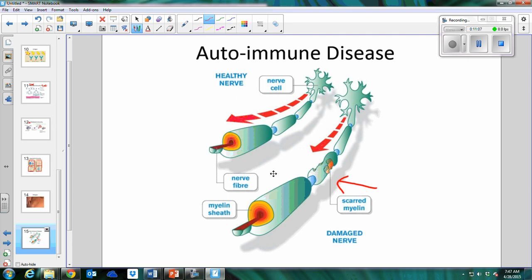Rheumatoid arthritis is another example, where your own joints and cartilage are being eaten away by your body. Lupus is another. There are several examples of autoimmune diseases, they're many and varied, and they're usually genetic. But it's just where your body attacks itself as opposed to attacking actual threats to the body.